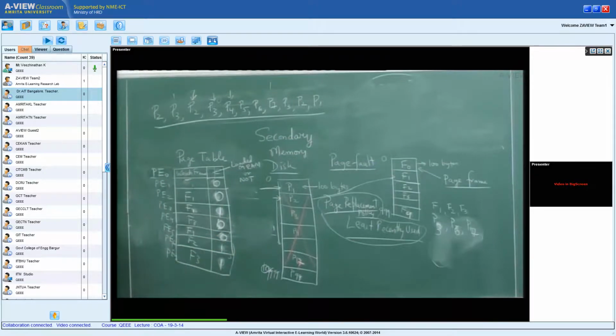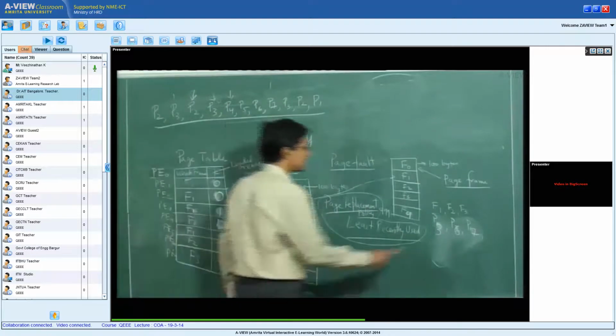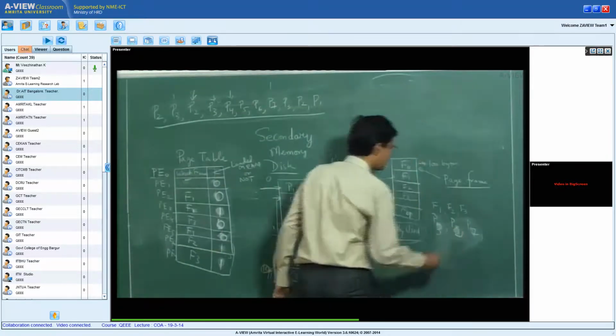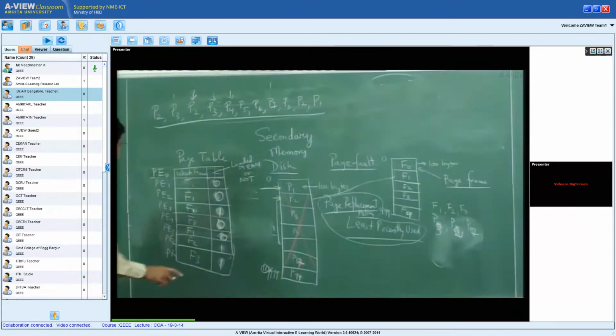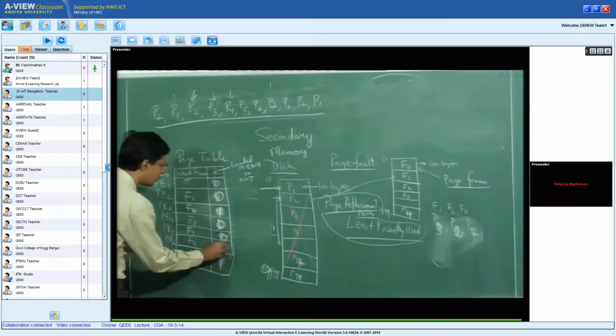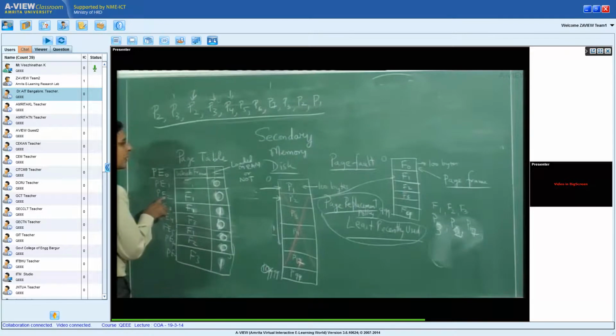Now again P2 wants to get executed, so P6 gets replaced. So this becomes 0 and P2 now becomes F2.